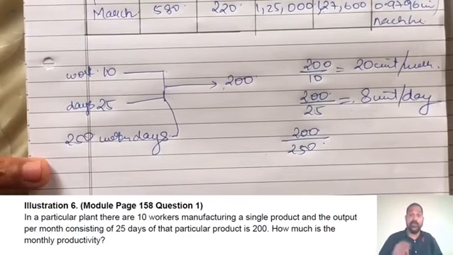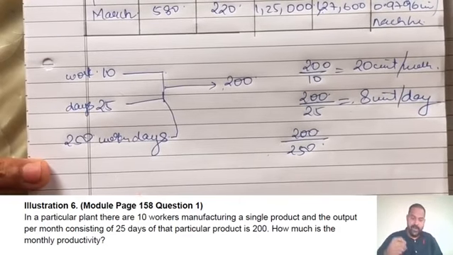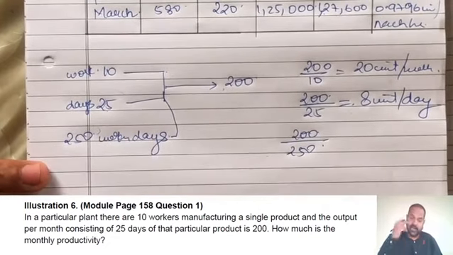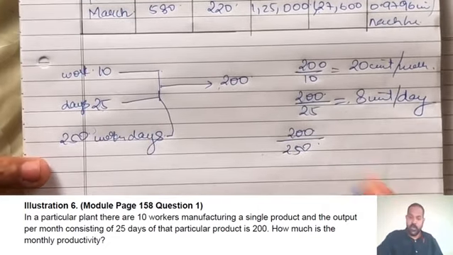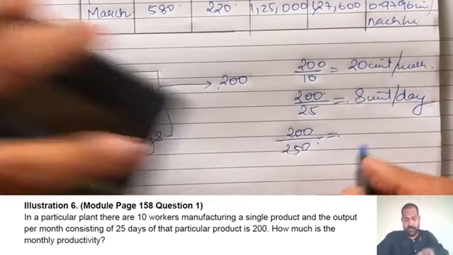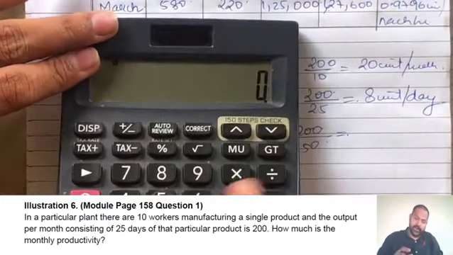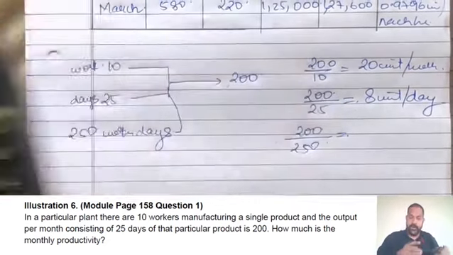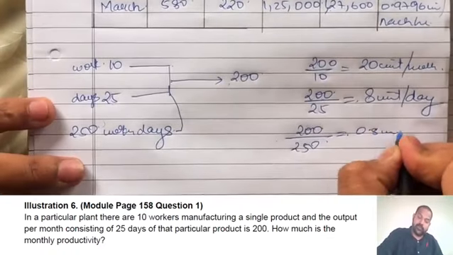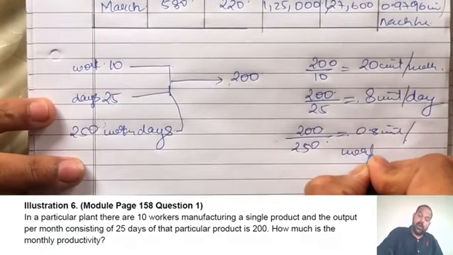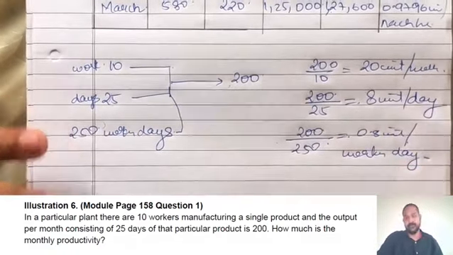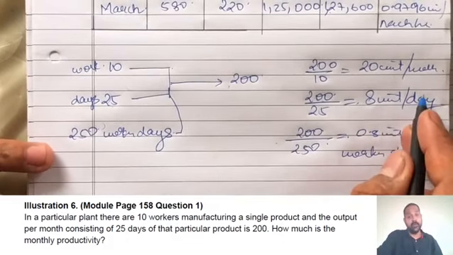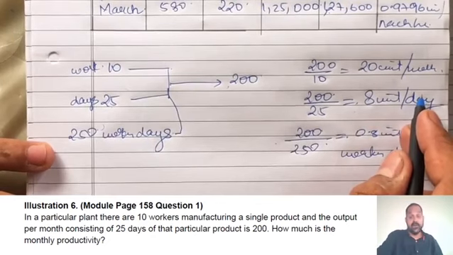So if I want to find the worker day productivity, it is 10 workers working for 25 days is 250 worker days that go into this production. 200 divided by 250, I will need a calculator. I think it's 0.8. So it is 0.8 units per worker day. When you say day, in this day, there are how many workers working? There are 10 workers working.